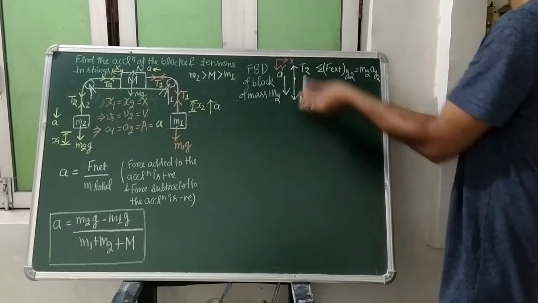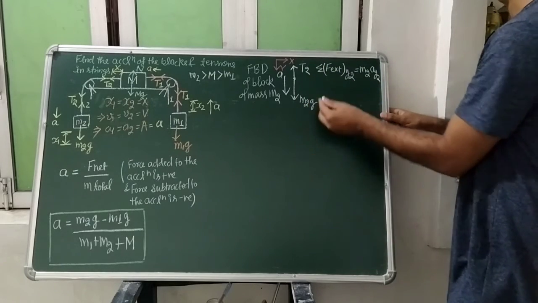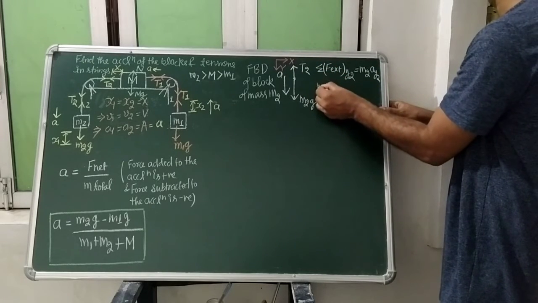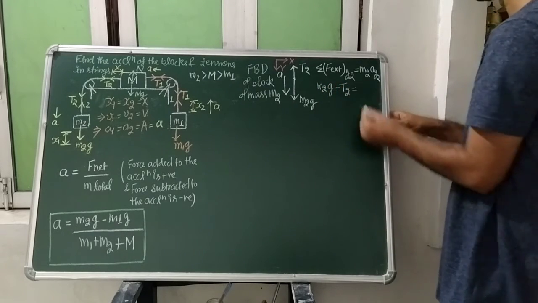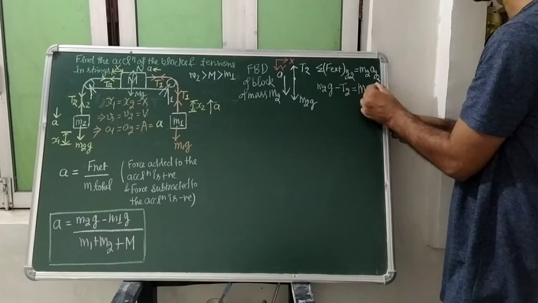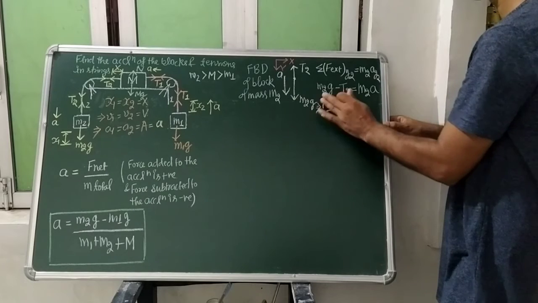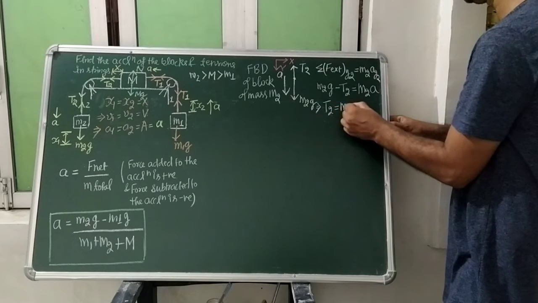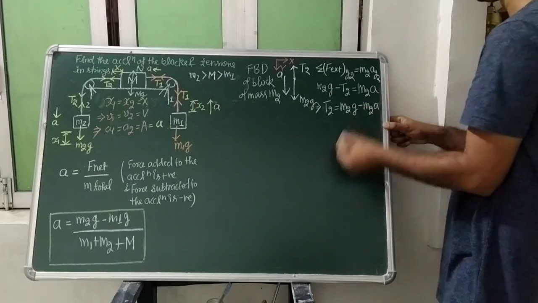So the external force acting in the y direction is m2g and T2 only, and of course this m2g is positive and T2 is negative since you have selected the coordinates like that. So this will give us m2g minus T2, which should be equals to what? Mass m2 times acceleration a_y2, which is a only, on the positive side. So this T2 should be equals to what, students? M2 times g minus M2 times a only, is it?